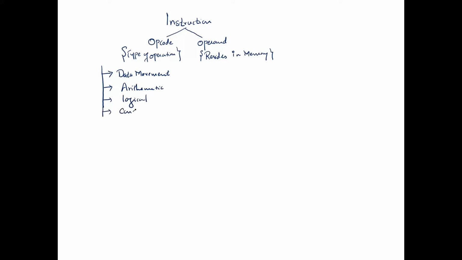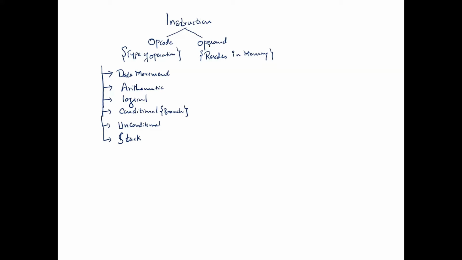Then we have conditional instructions, or you can call them branch instructions; it is also popularly known as branch instruction. And the other classification is unconditional instruction. And then we have stack related instructions. Okay, stack instruction. So these are the instructions classified based upon the type of operation.